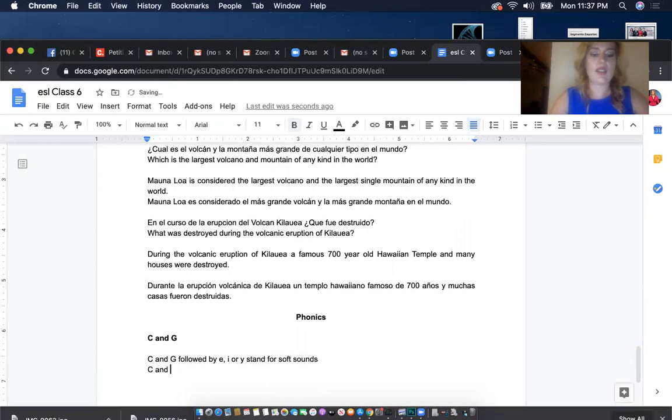C and G followed by any other letters or at the end of the word stand for hard sounds. So se dice seguido por E, Y o I latina, hacen el sonido suave. C y G seguido por cualquier otra letra o al final de una palabra tienen un sonido más fuerte.